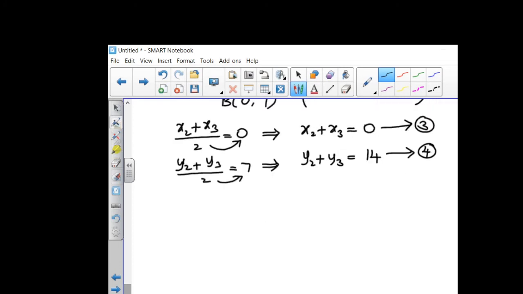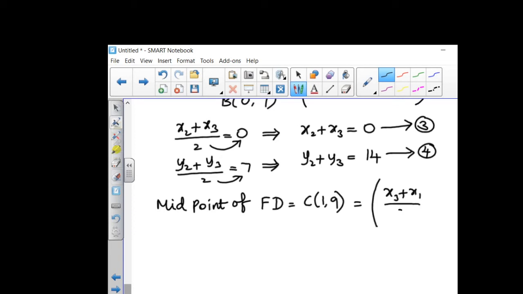Then same as you have to find for C point also. Okay, that is midpoint of FD or DF, anything. That is what point? C of 1 comma 9. So that is equal to (x3 plus x1) by 2 comma (y3 plus y1) by 2.